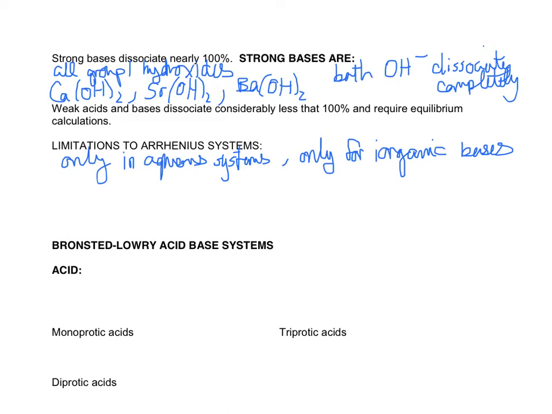However, the inorganic base limitation is solved by Bronsted-Lowry, because for something like NH3, we know that ammonia is basic. However, according to the Arrhenius definition, this is not a base because you don't have a hydroxide.